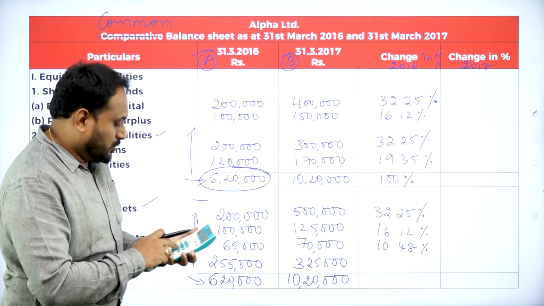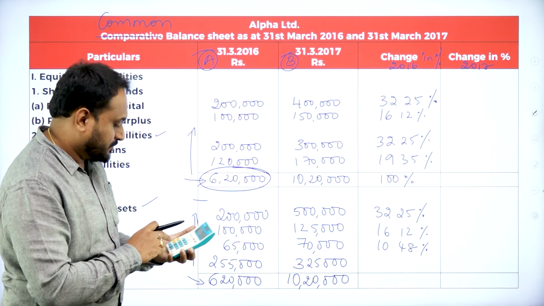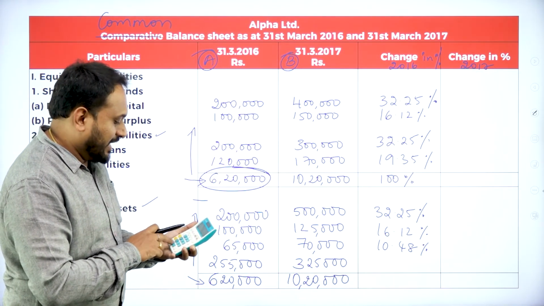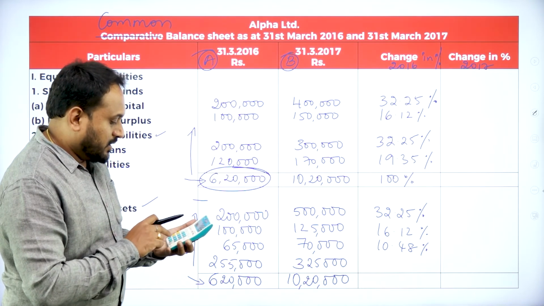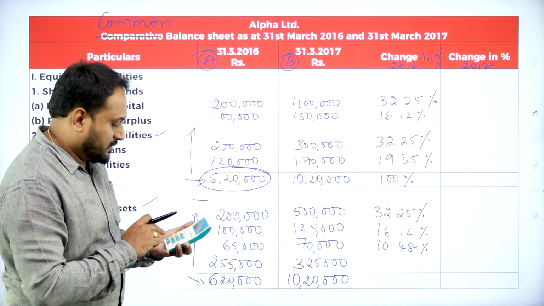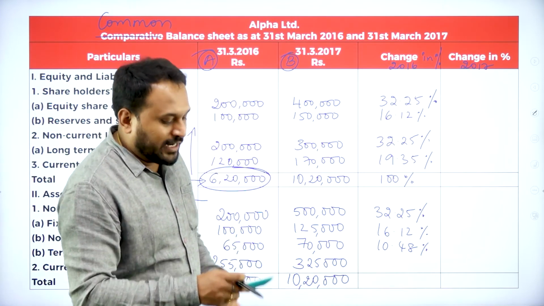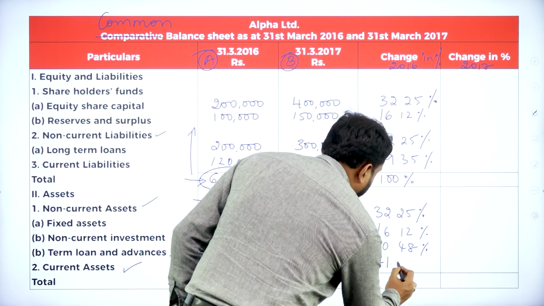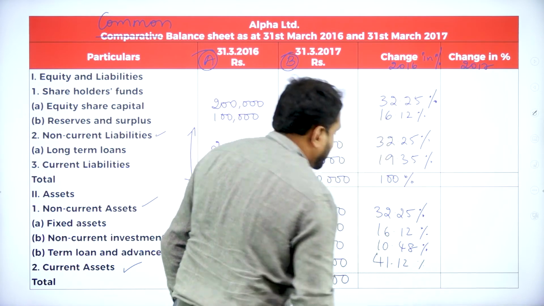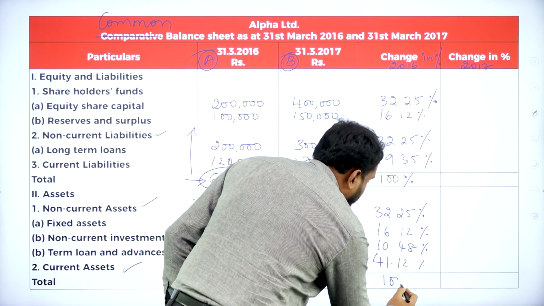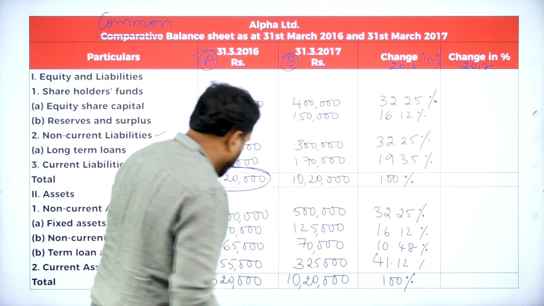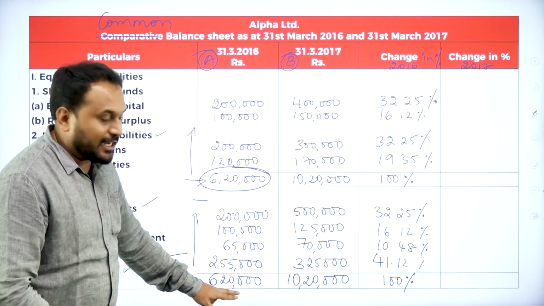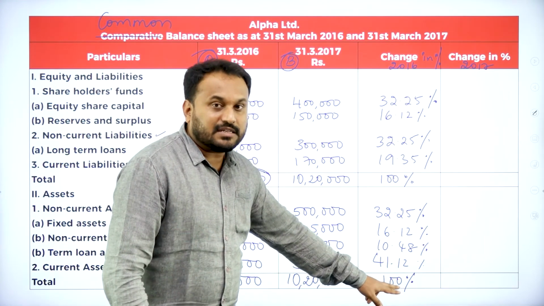Now here, 2,55,000 divided by 6,20,000 into 100 is 41.12%. Again, how to calculate this? 6,20,000 divided by 6,20,000 into 100 is 100%.